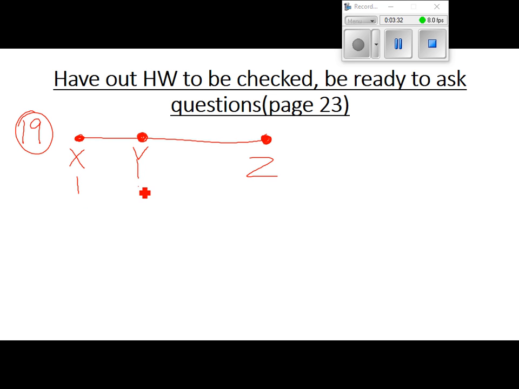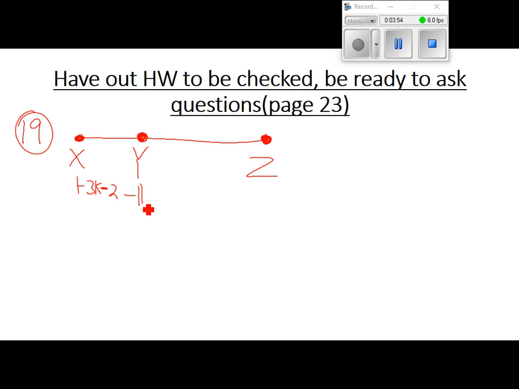Did they tell us something about the distance from X to Y? What did they tell us? 3K minus 2. Everybody agree with Silas on that? Yes. 3K minus 2. Label it that way. Hopefully you write a little neater than I do because that's sort of hard to read.